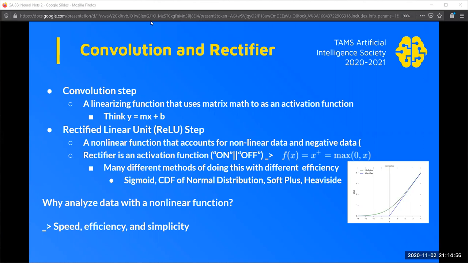As you can see here at the bottom, all of these functions are nonlinear functions. Sometimes you might even have data that's non-continuous or maybe non-differentiable. You don't know. But anyways, what ReLU does is it rectifies the linear data.